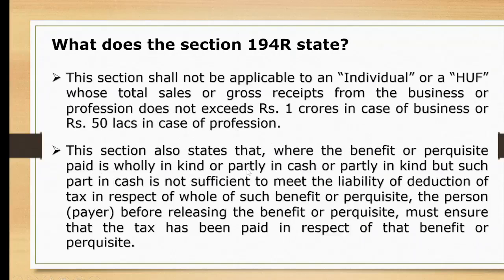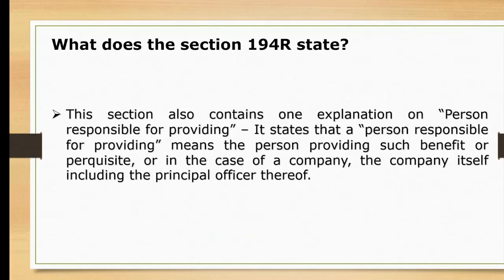This section also states that whether the benefit or perquisite is paid in cash, in kind, or partly in cash and partly in kind, and the cash part is not sufficient to meet the liability of tax, the payer must, before releasing the benefit, ensure that the tax has been deducted in respect of such benefit. 194R also states that the person responsible for providing, the person who is paying, should be responsible for deducting the tax, even in the case of the company itself.